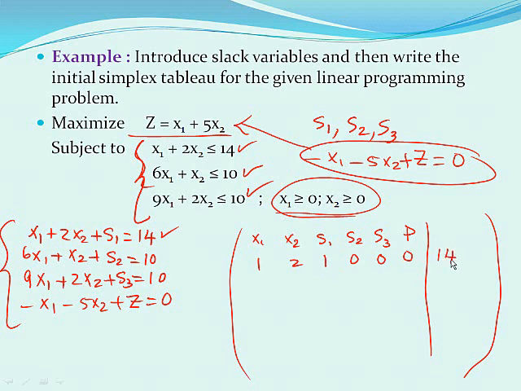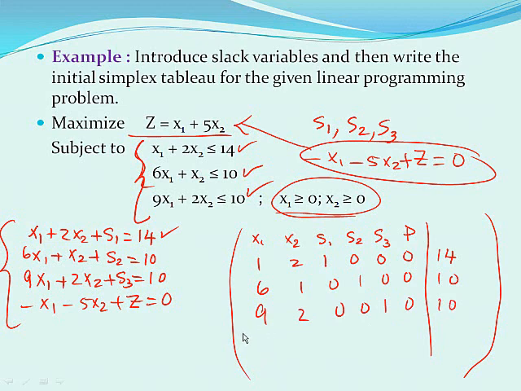That will be the first row. Likewise you fill up the remaining entries: 6, 1, 0, 1, 0, 0, 10, then we do have 9, 2, 0, 0, s3 is 1, then p is 0, right hand side is 10.